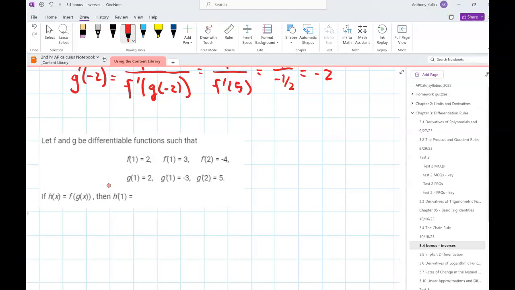So h of x is equal to f compose g of x, then h prime of 1. Notice we don't have an inverse relationship here, right? But what can we say? We have to do a chain rule when we differentiate both sides, right?